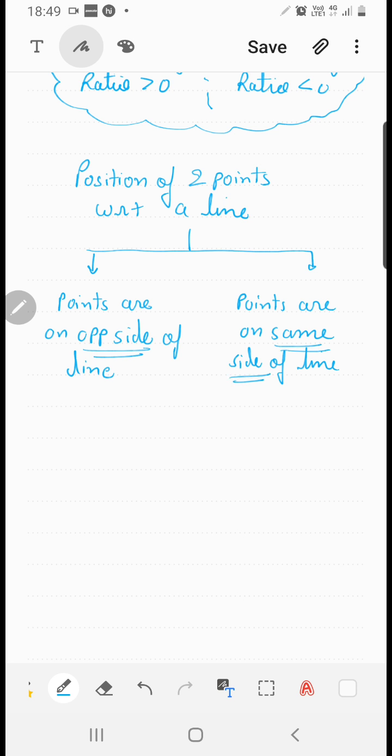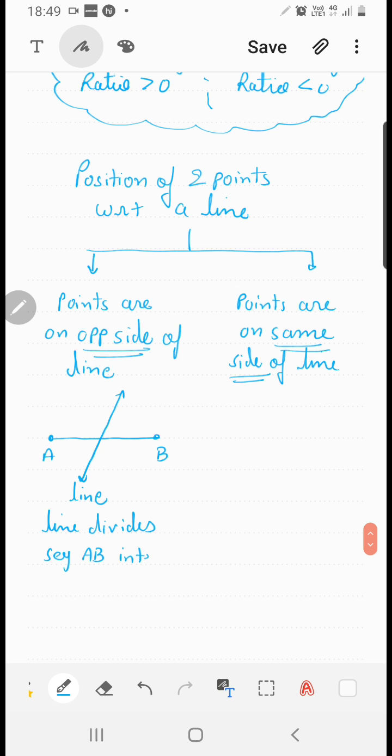Okay, so keyword here is opposite side or the same side. Now let's think of a diagram. When I say the points are on opposite side of the line, if I think of a segment AB, the line would be somewhere here in between. And we can see that the line divides segment AB internally.